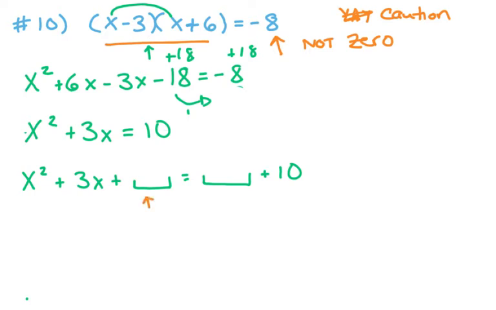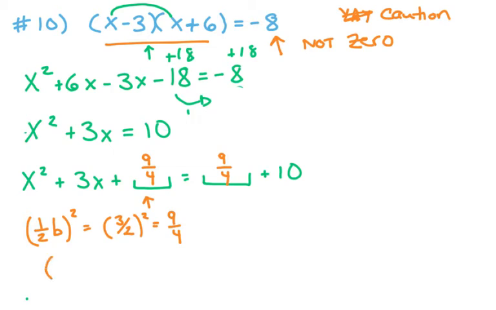What do we want to put here? We need 1/2 b squared. You'll run into this situation at some point. So this is going to be b divided by 2 squared. This is 9/4. And you're already groaning, I know, because we got a fraction here now, and that's not fun.